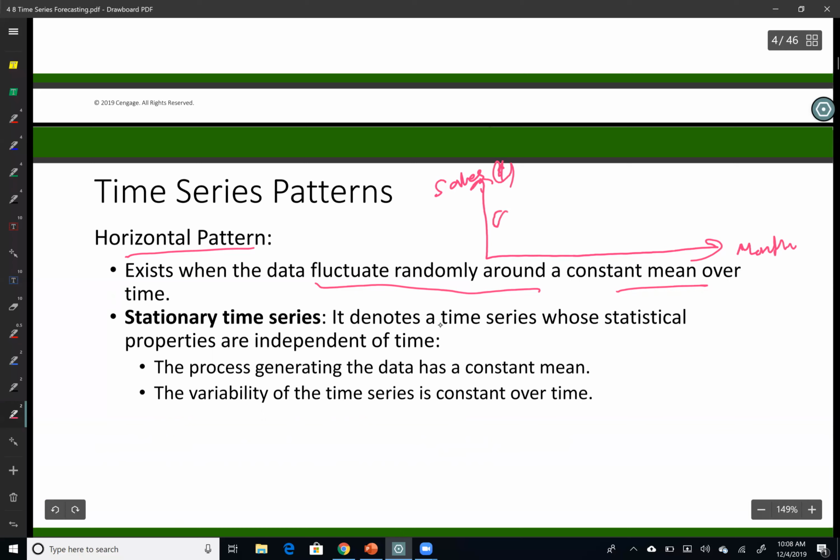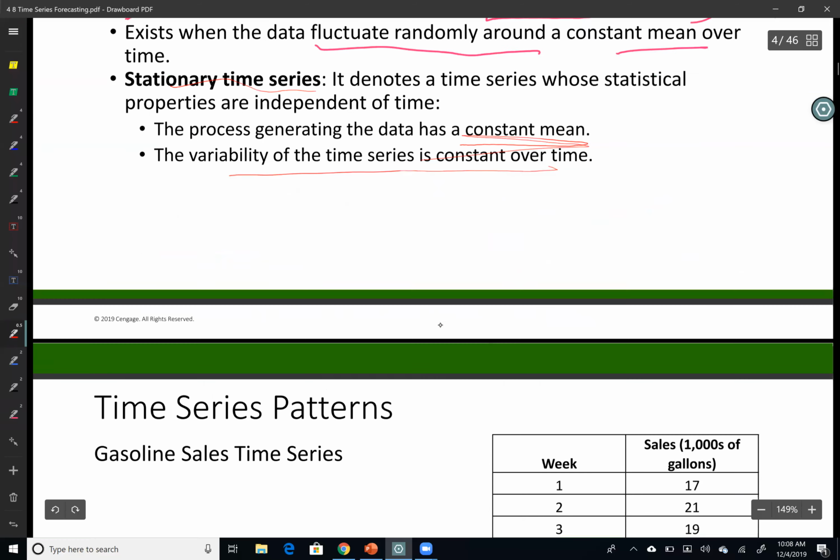So the data fluctuates something like this, which as you see here, the mean for this data is constant over time, and as you see, the variation really doesn't change so much. So that's why we call this a stationary time series, where the mean is constant, it doesn't go up or down, and the variation around the mean for data is constant as well.